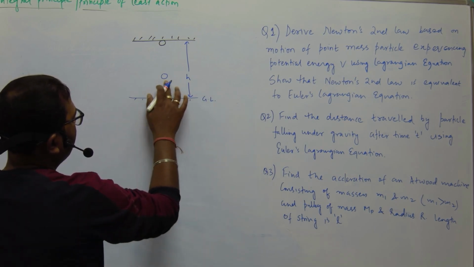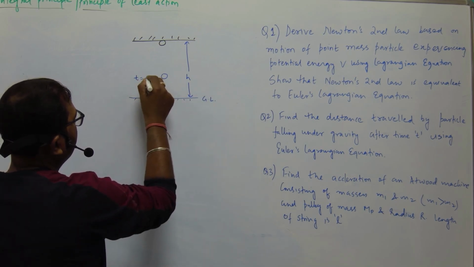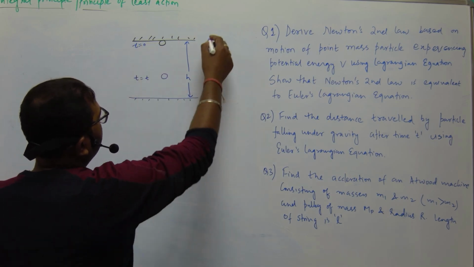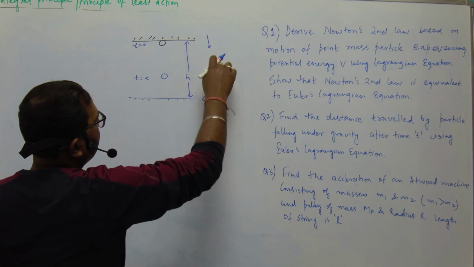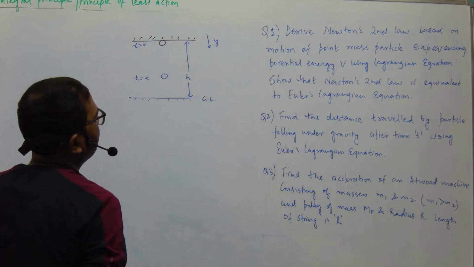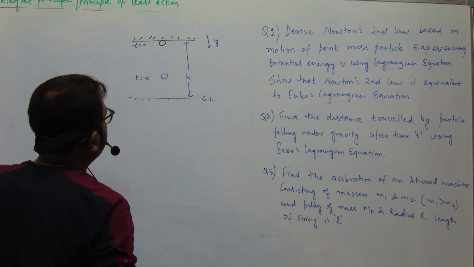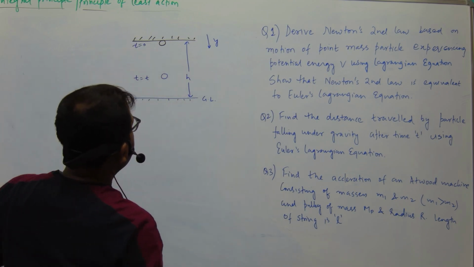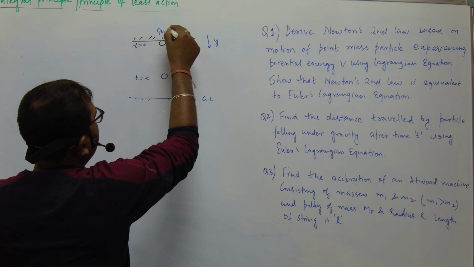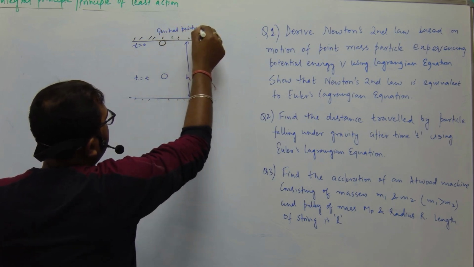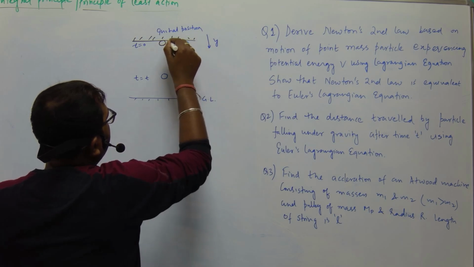This is the position of the particle at time t is equal to 0. Let us take the reference along this direction. Let us take y as the generalized coordinate. Let us take the particle at a distance y from the initial position.